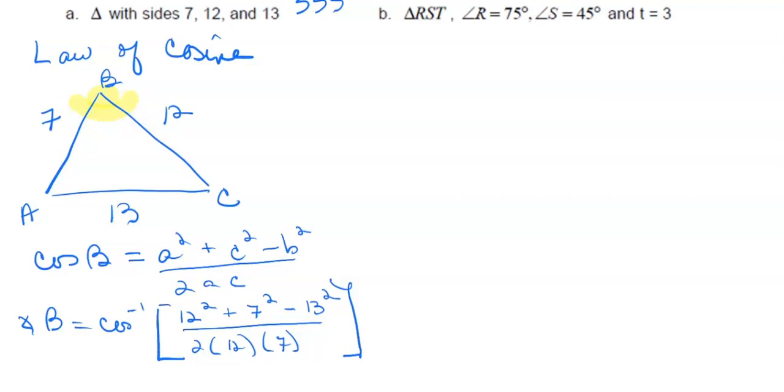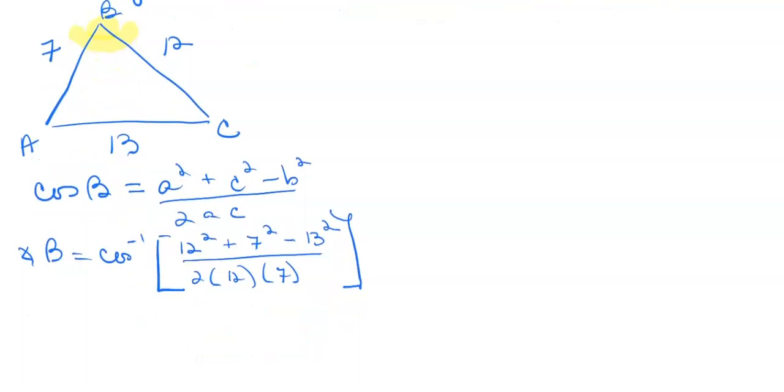It's easier. And I'm going to do it as if I'm going to tell you what the steps are for a TI-84. Okay, I'm going to say second cosine. That gives me the inverse, which is what I want. Then I'm going to say alpha y equals and hit 1 to get my fraction bar. So then I'm going to put in the numerator 12 squared and then plus 7 squared and then minus 13 squared.